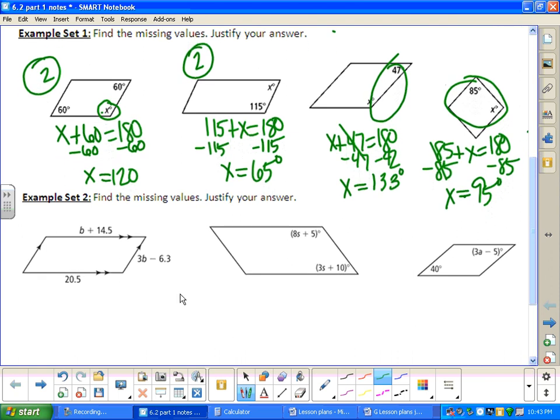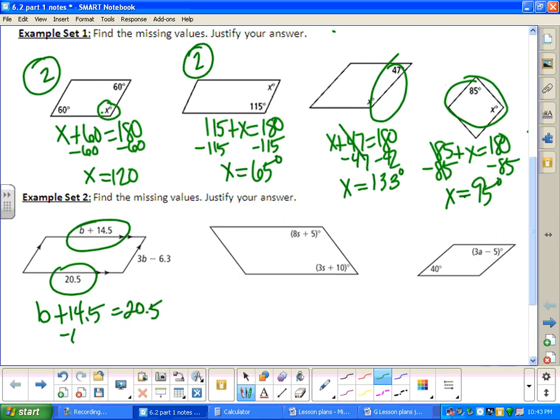Okay, so the first one we're talking about sides. What do we know about sides? Opposite sides are congruent. So I'm going to use these two. If they're congruent, that means they equal each other. So b plus 14.5 equals 20.5.